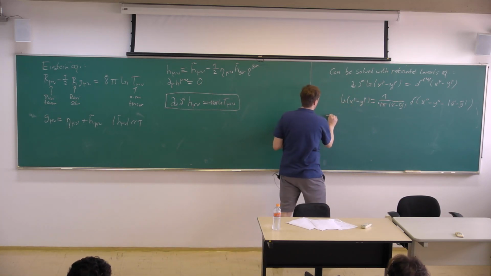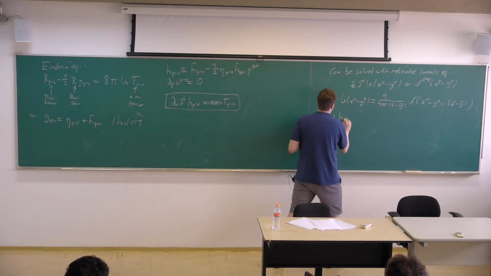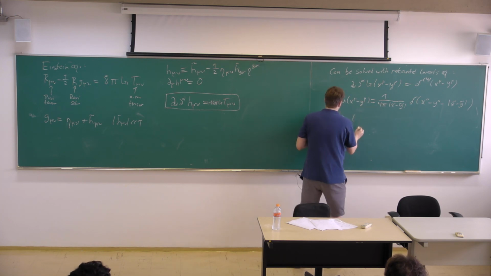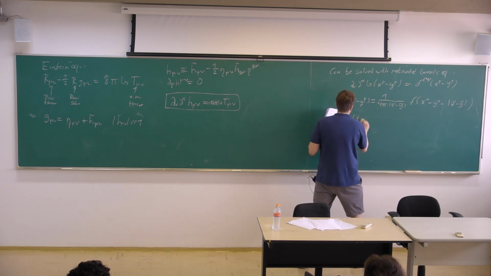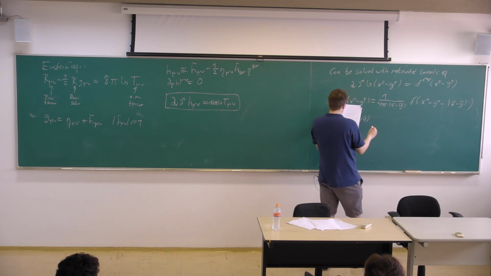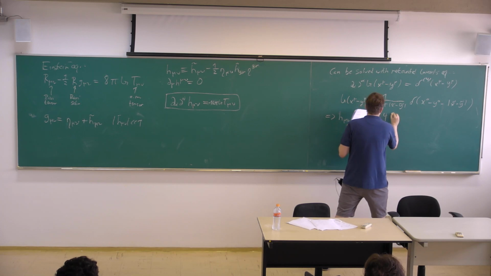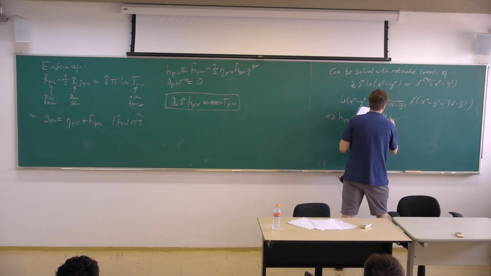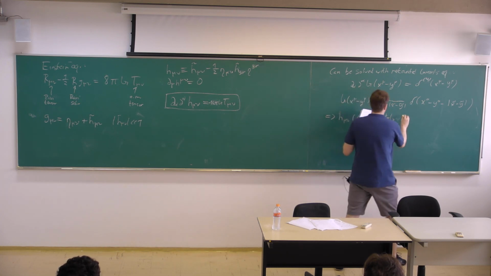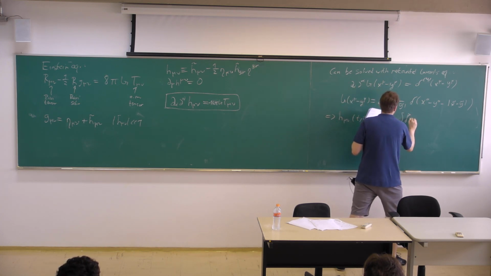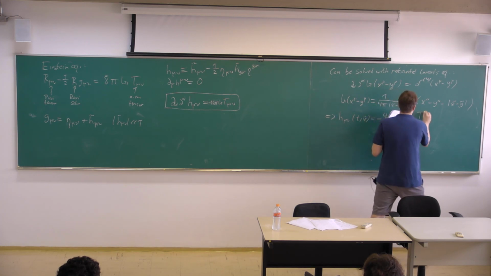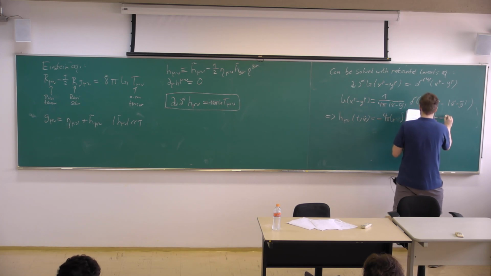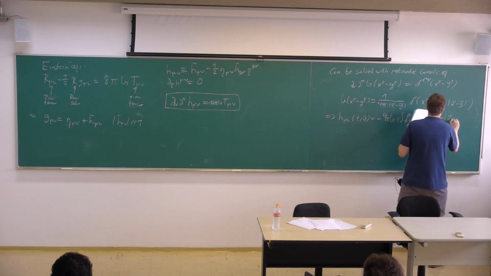So, fine. The perturbations that are generated by a given source, given energy momentum tensor, this is also quite good. It's just given by the spatial integral over the energy momentum tensor.